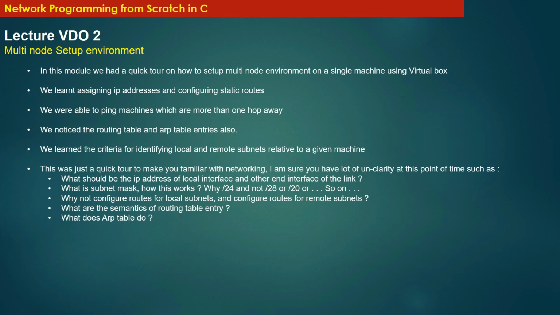The Arp table helps us do L2 routing. We are going to study in detail how the Arp table is populated and how it helps us do L2 routing in module number 3 and so on.